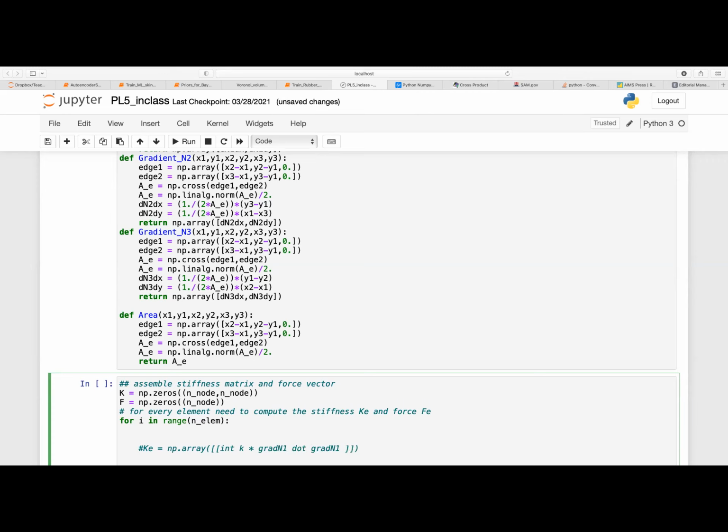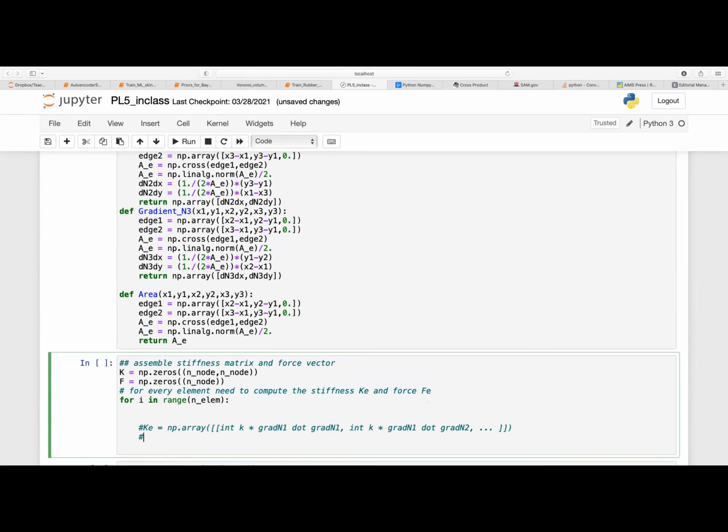Then there's another integral that has K, and then gradient 1 times gradient 2, and so on.